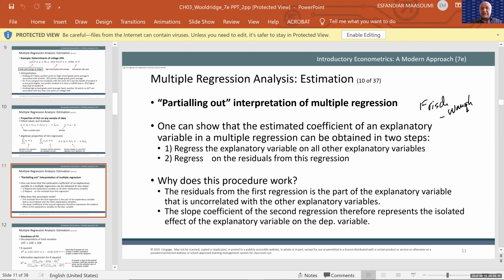Let's regress x1, or explanatory variable of interest to you, on all the other explanatory variables. Get the residuals. This will give me, without loss of generality, r1, the residual from regressing x1 on all the other variables.